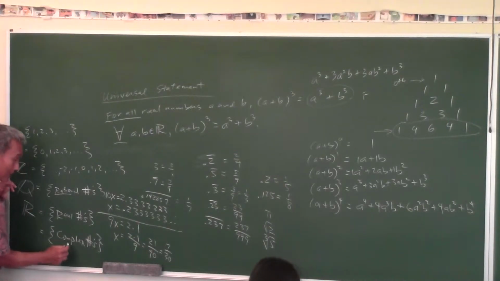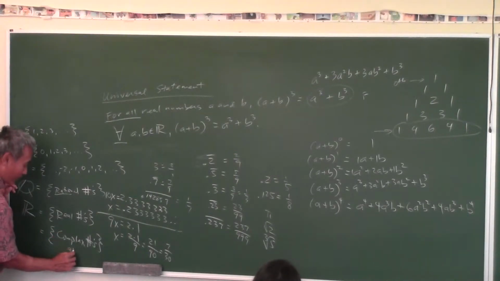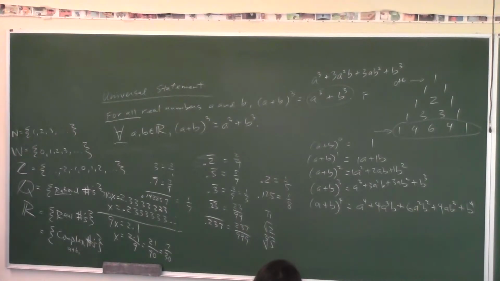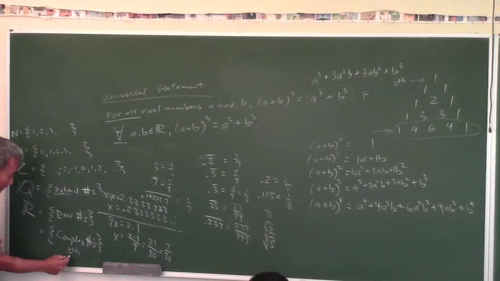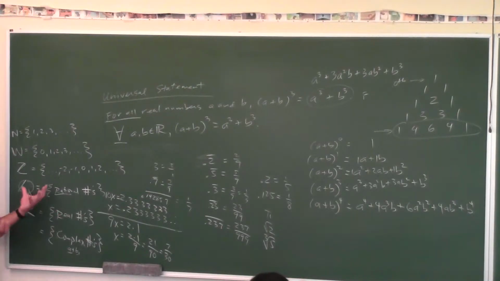A complex number is a number that can be written in the form a plus bi. Does that sound familiar? Now, what is i again? The square root of -1. So a complex number consists of a real part and an imaginary part. When you put the real numbers and the imaginary numbers together, we get the complex numbers.